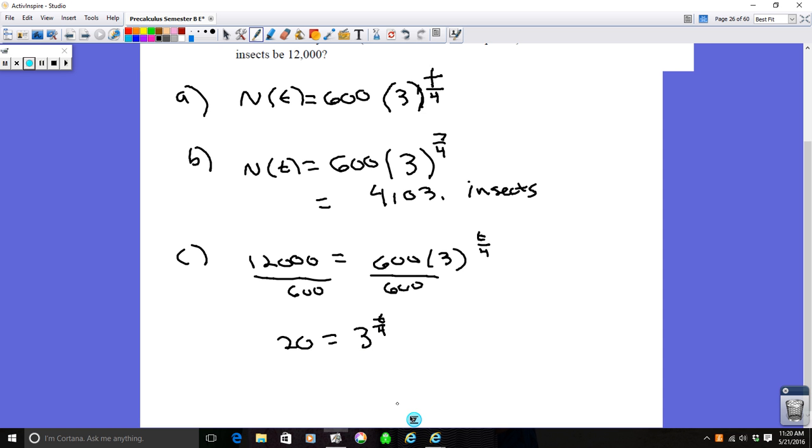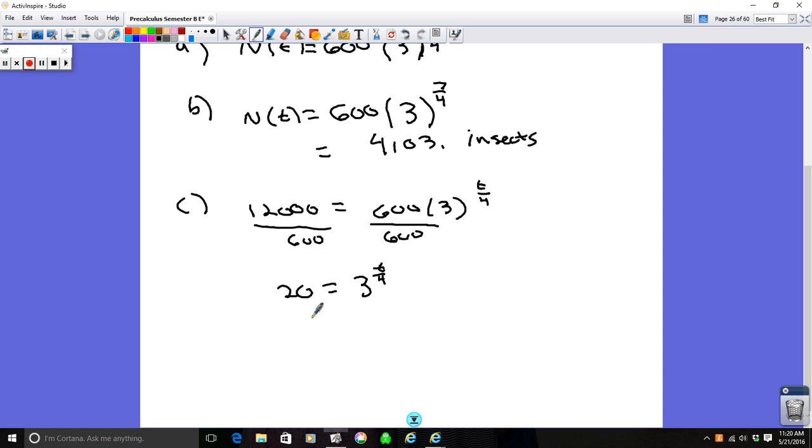Again, we're in exponential form, and 3 and 20 don't share a base, so we have to make it a log. Log base 3 of 20 equaling t over 4. This we can simplify using change of base: log of 20 over log of 3. You're going to get that answer, and then you set it equal to t over 4.